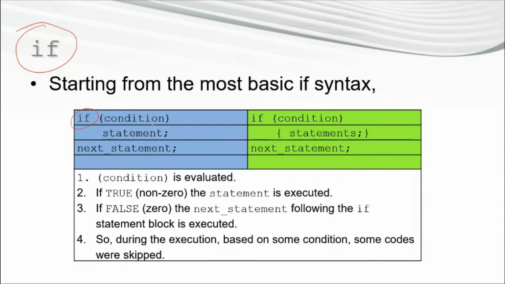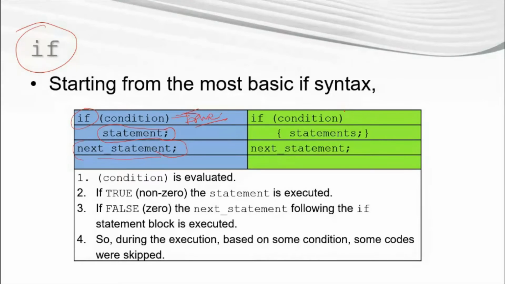If this particular condition becomes true, the statement that follows is executed. And then the next statement will be executed even if this condition is false. If the condition is true, this statement will be executed first, and after executing it, the next statement will be executed.